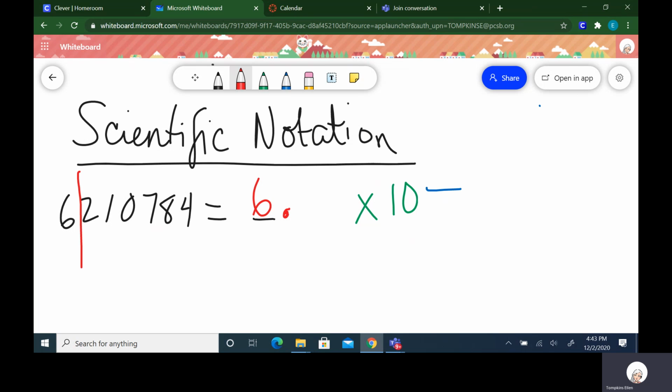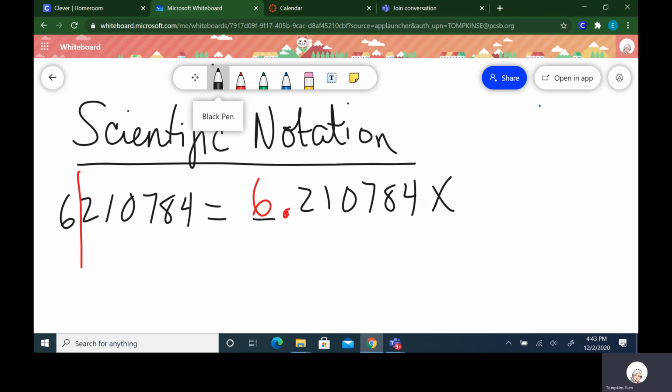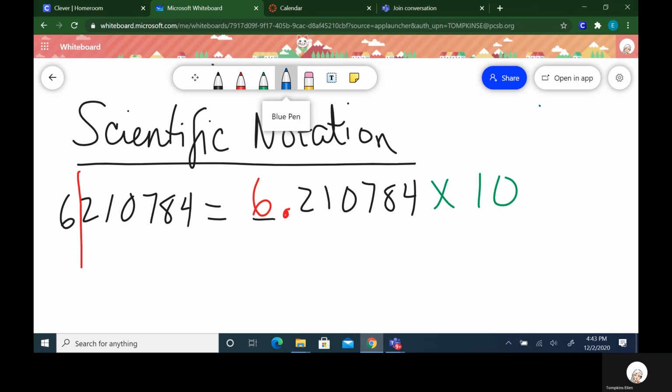Now, because I have digits that read all the way out, I need to move those off. I need to write all of them. 6210784 times, I'll change the color for you, times 10. That stayed put. Now, how many place values here? 1, 2, 3, 4, 5, 6. 10 to the 6th power.